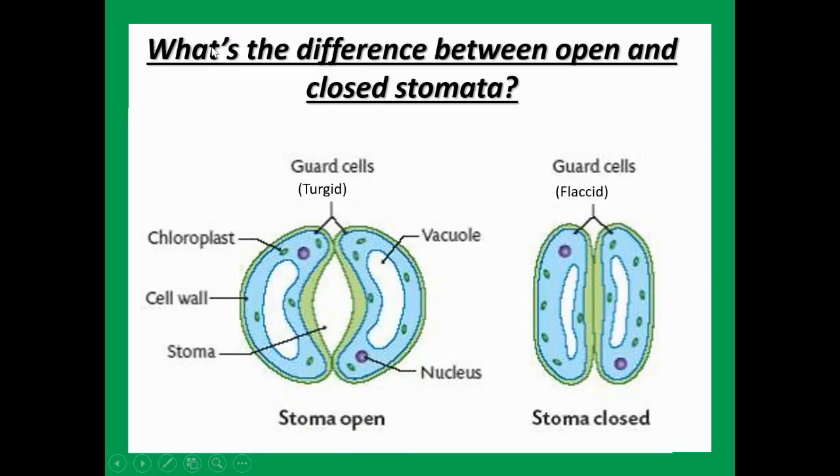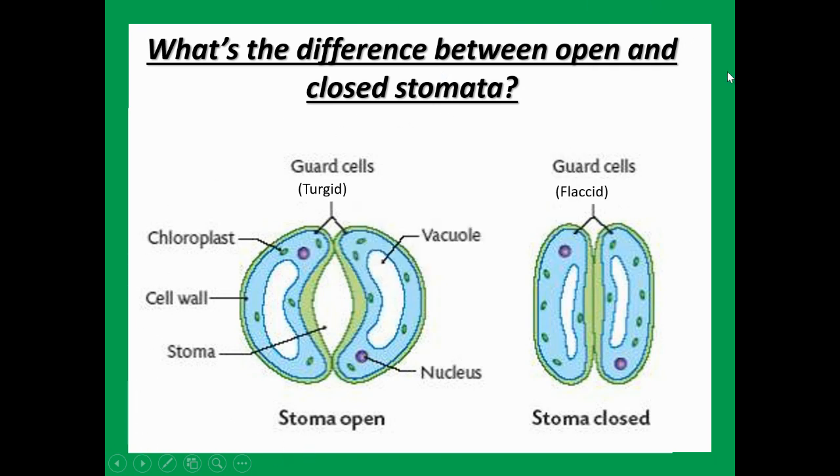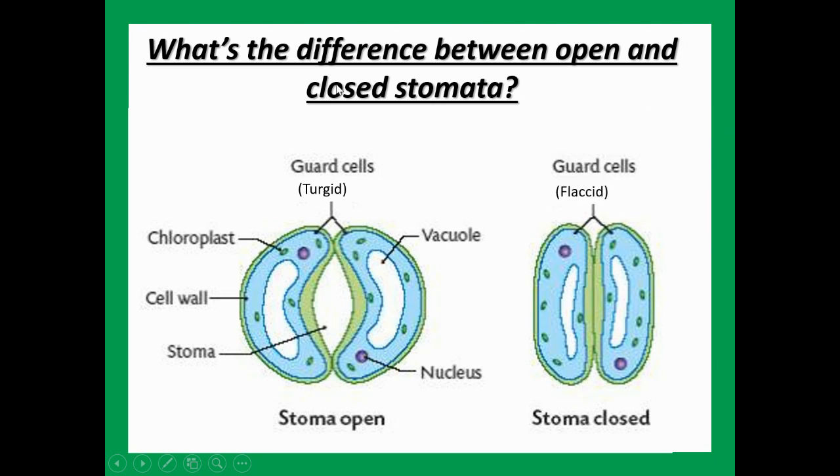Okay, what's the difference between open and closed stomata? Well, an open stomata has turgid guard cells, and the closed stomata has flaccid guard cells. Okay, this is what that looks like. So again, in the light, the cells fill with water and become turgid. This word, turgid.